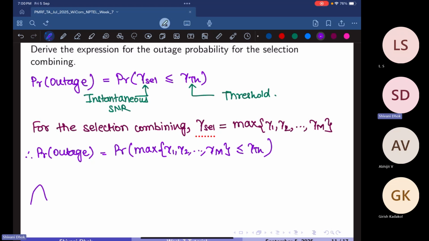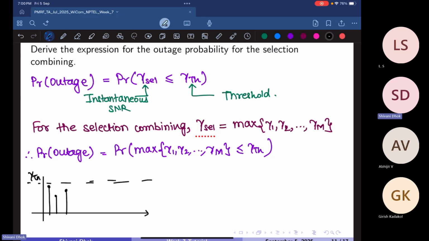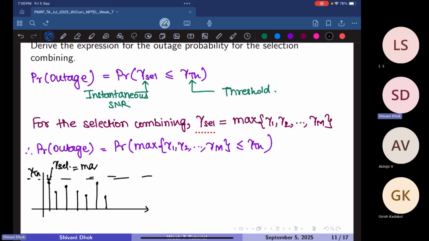For example, let's say you have something like this, and this is your gamma th, and we want to find the probability that gamma select, which is the max of all your gammas, is less than this threshold.